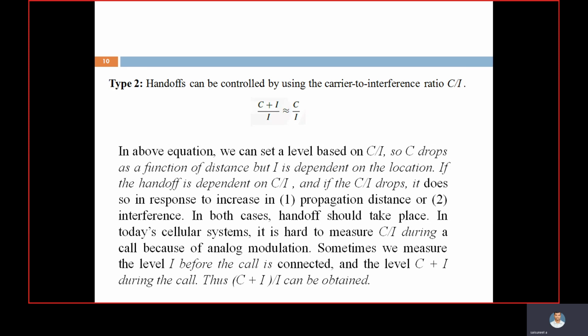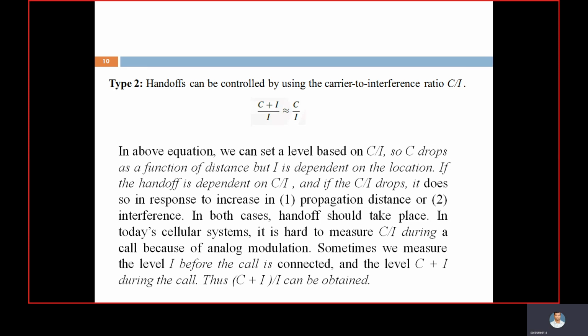That's why C drops as a function of distance. But interference is dependent upon location. Interference is high at building heights, hill stations, valley points, and thick forest. That depends on location. That's why we use the C by I ratio.